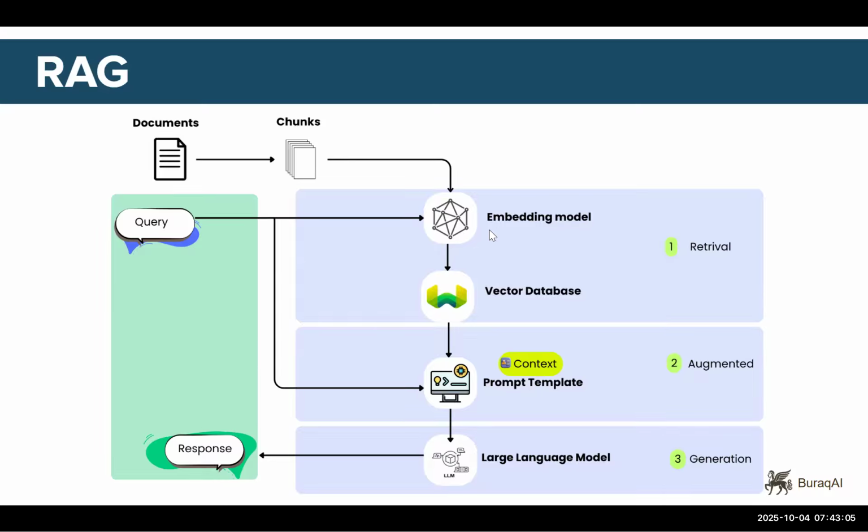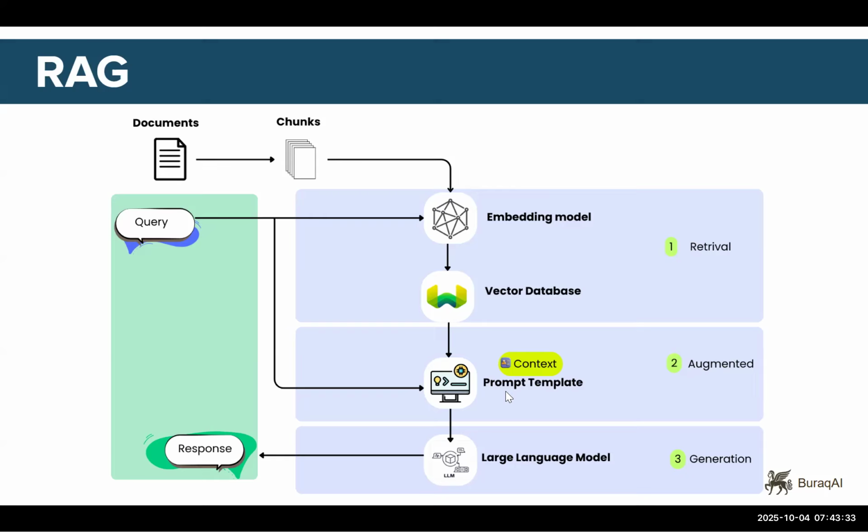Documents, chunking, embedding model, storing in vector database. We are representing here, this is Weaviate. And then the query also, we sent it to the embedding model, and the embeddings we got. So we search and then get the relevant results. Then the query as is text also, we are adding it to a prompt template.